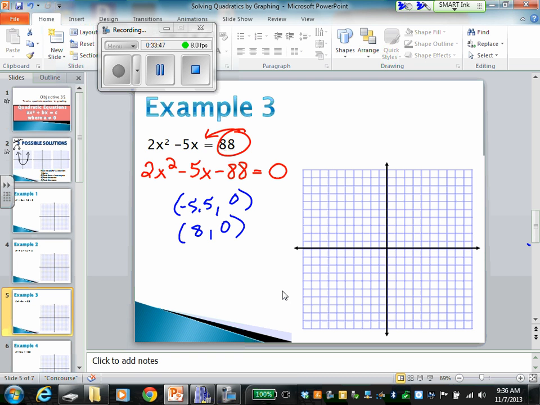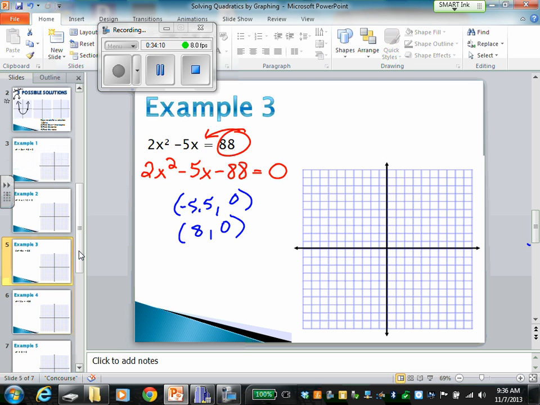This has two answers. It's both of them. Just zoom out and it'll go quicker. Okay. Everybody all right? Getting better with it?